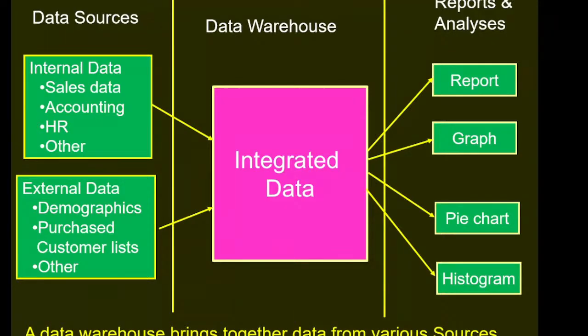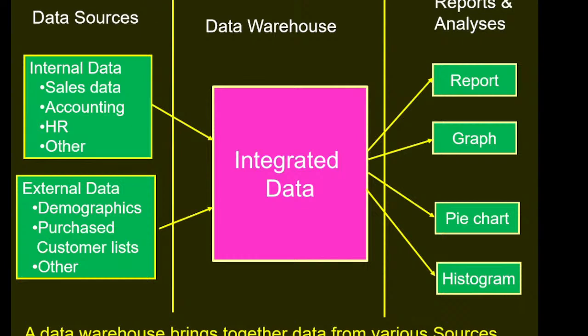Data warehouse is subject oriented. The second one is integrated. Integrated means all the data is pulled together at one place. There can be some internal data, there can be some external data, and then all the data are combined and placed at the central place, which we call integrated.